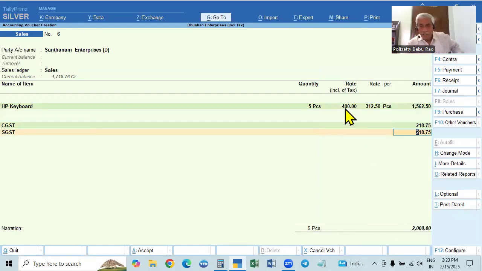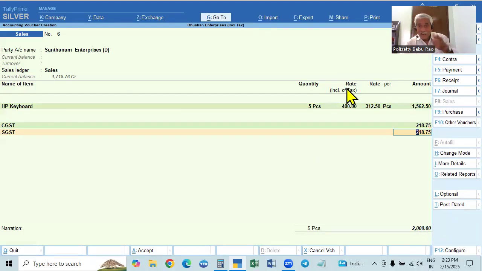One is 400 rupees including tax, and there are 5 pieces, 400 into 5, 2000 rupees. That is the price, the original value, that is taxable value plus tax. This amount, including tax, is 2000.